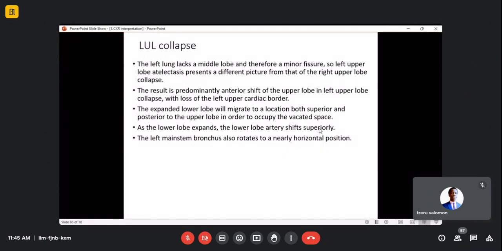As the lower lobe expands, the lower lobe artery shifts superiorly. That's good. And the left main stem bronchus also rotates to a nearly horizontal position. Okay, those are just the words that can even explain the images we'll see.